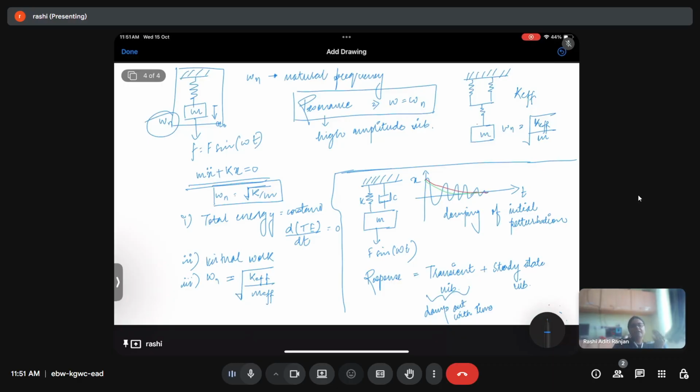So then where is the role of omega n? Because for the steady state vibration, the response will depend only on omega. The response will depend on, okay, I should take another slide.